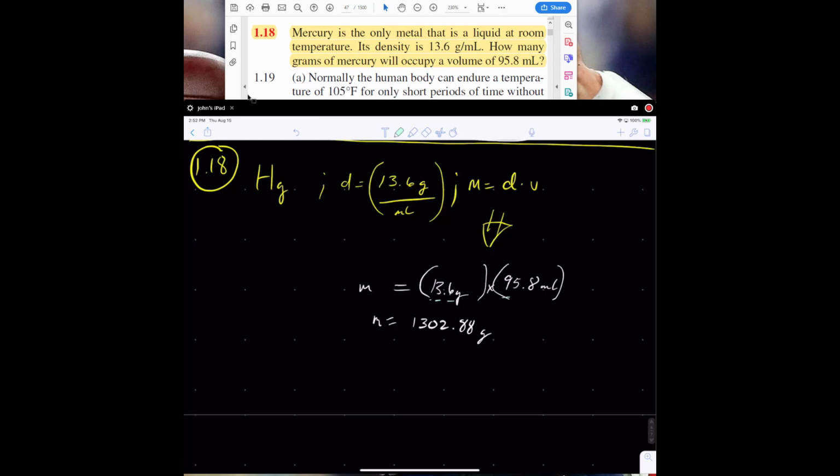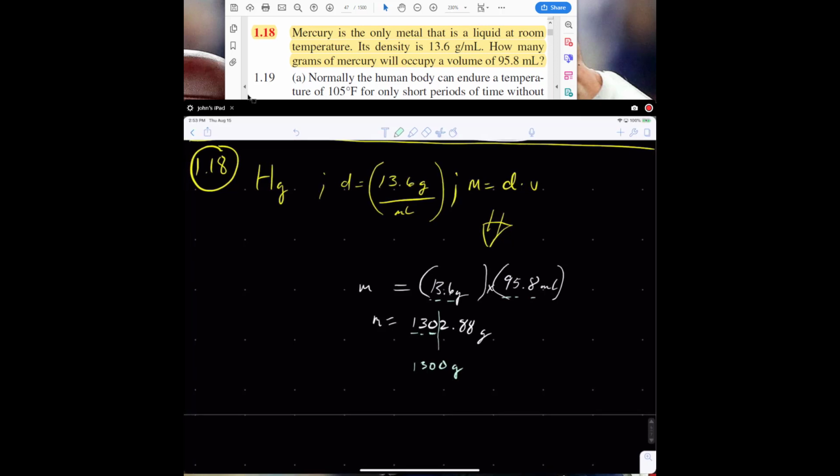And then for volume, it's 1, 2, 3 sig figs. And since we did multiplication, we're going to stay at 3. Okay? So here's our third sig fig because we have 1, 2, 3. Right? So we're essentially going to report an answer of 1,300 grams. But we're going to do this in such a way that it's in scientific notation.